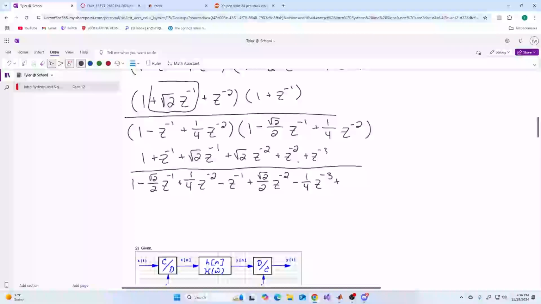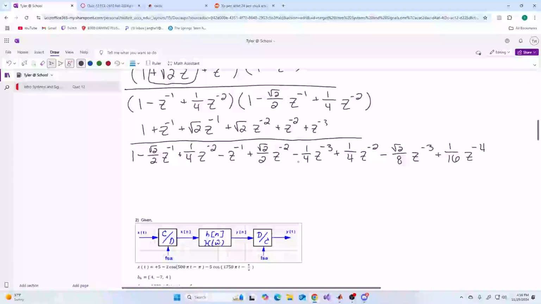So I'm going to have 1/4 z to the negative 2 minus root 2 divided by 8 z to the negative 3 plus 1/16 z to the negative 4.